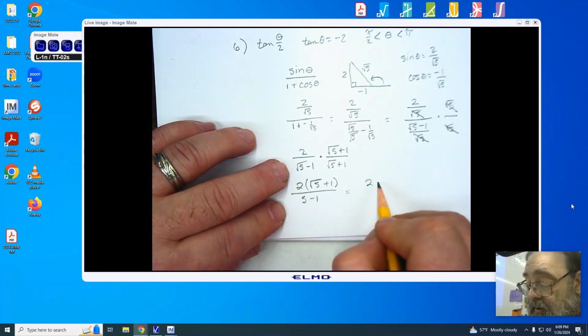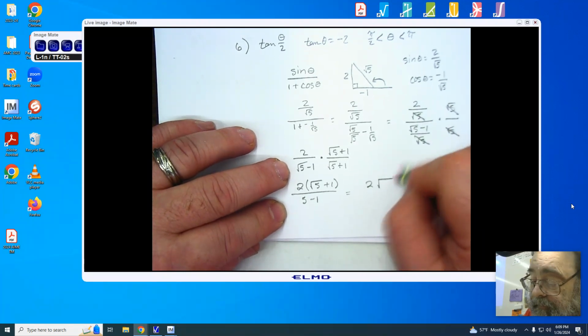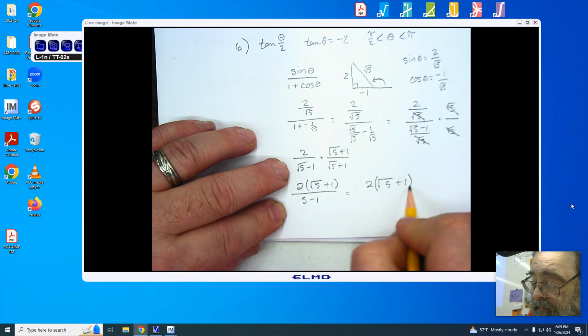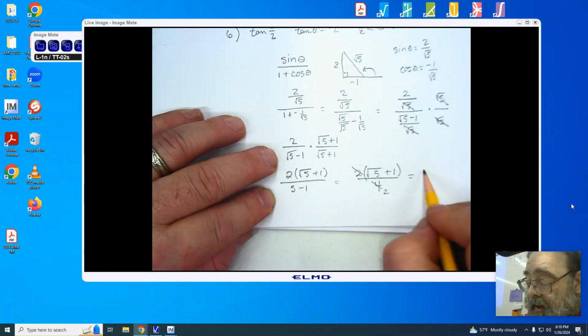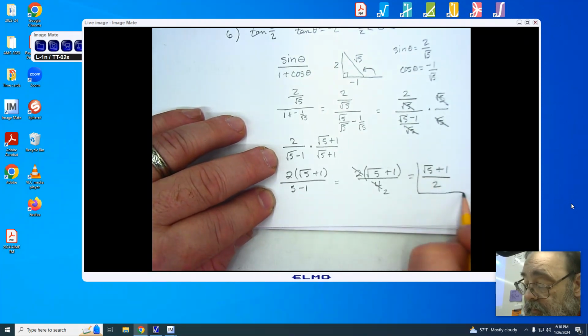This is giving me 2 root 5, so we have our parenthesis, 5 plus 1, and it's all over 4, which will allow me to reduce, and my answer is root 5 plus 1 over 2.